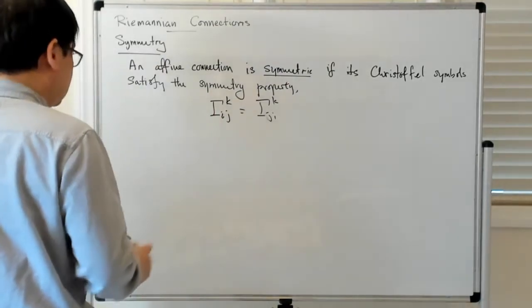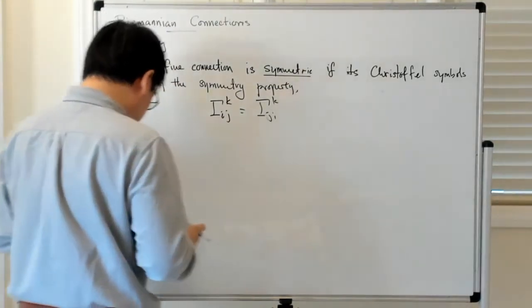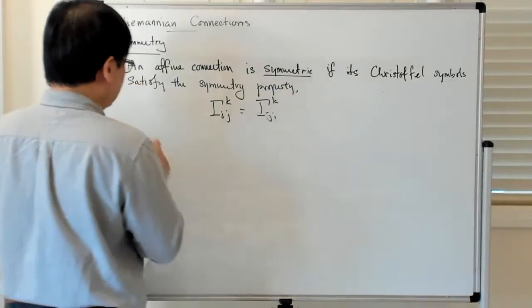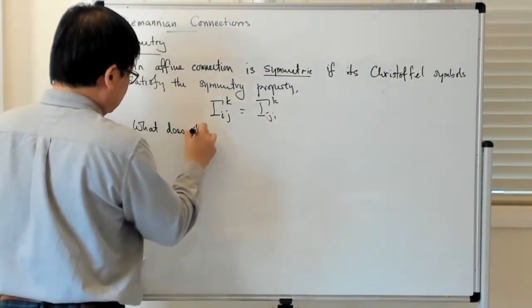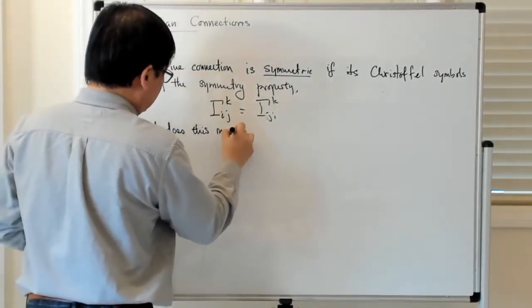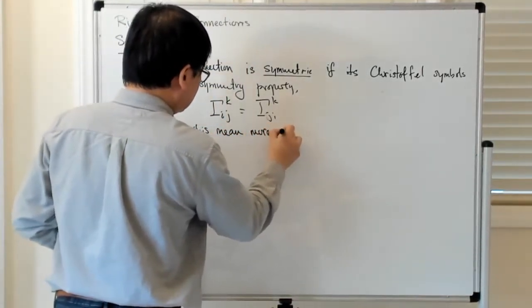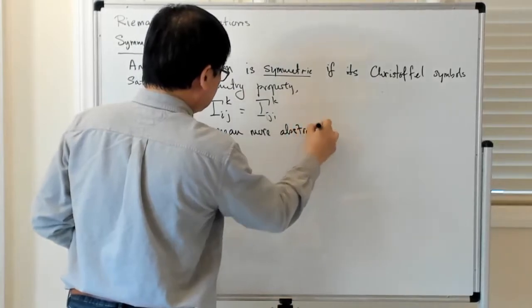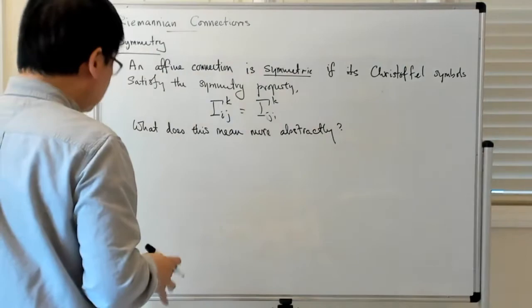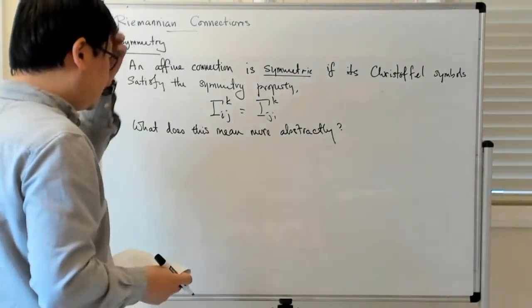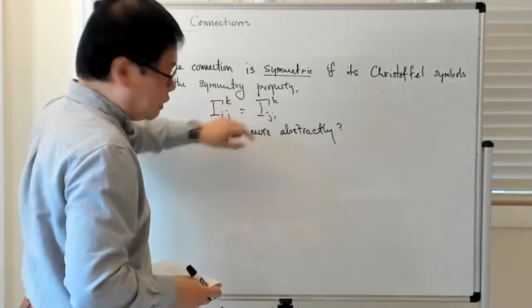All right. So let's try to understand what this means, perhaps more abstractly. In particular, can we make sense of this in the absence of a coordinate chart?